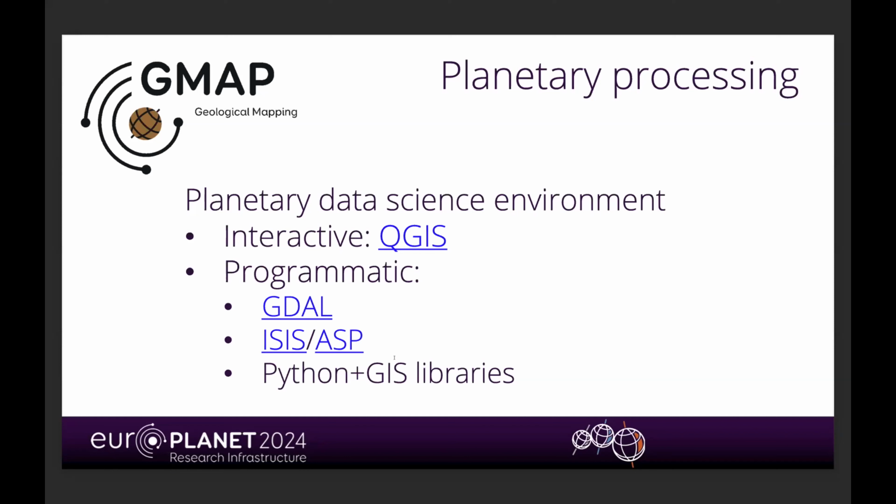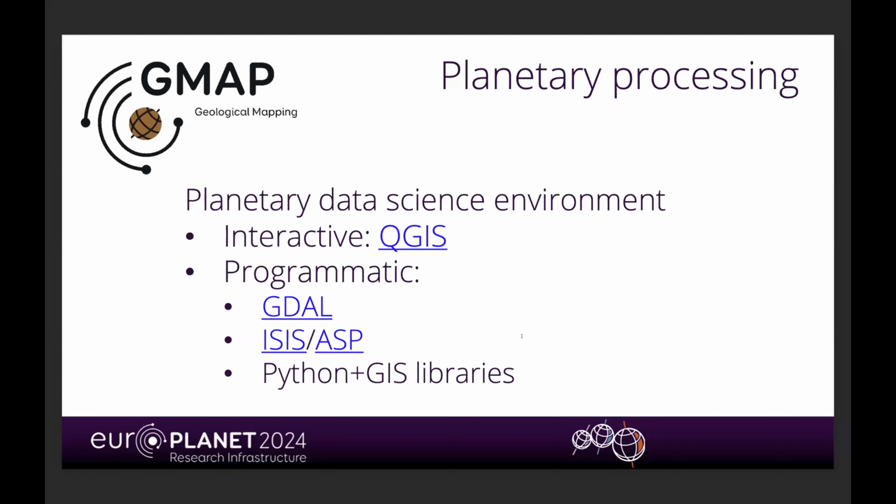And then on top of that, for modern data processing, we have Python and all the GIS libraries. But setting up this environment, GDAL, ISIS, and Python on top of that, and making all those things work together is not exactly straightforward work.